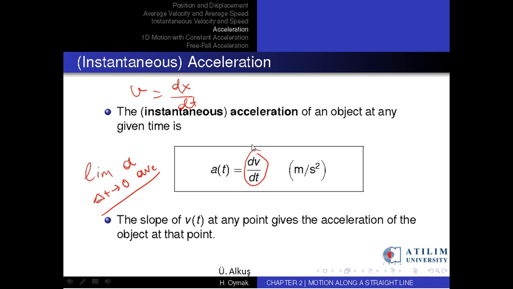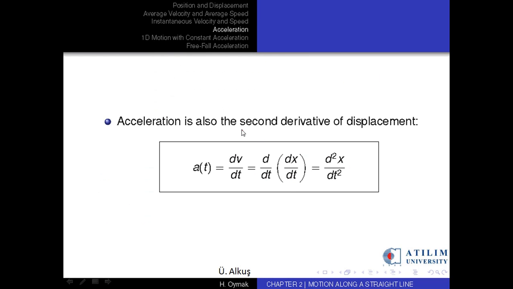So it is the time derivative of velocity, and it is in meters per second squared. Acceleration is the second derivative of displacement. a of t is dv over dt, and v is dx over dt. So the result is the second derivative of the position with respect to t.